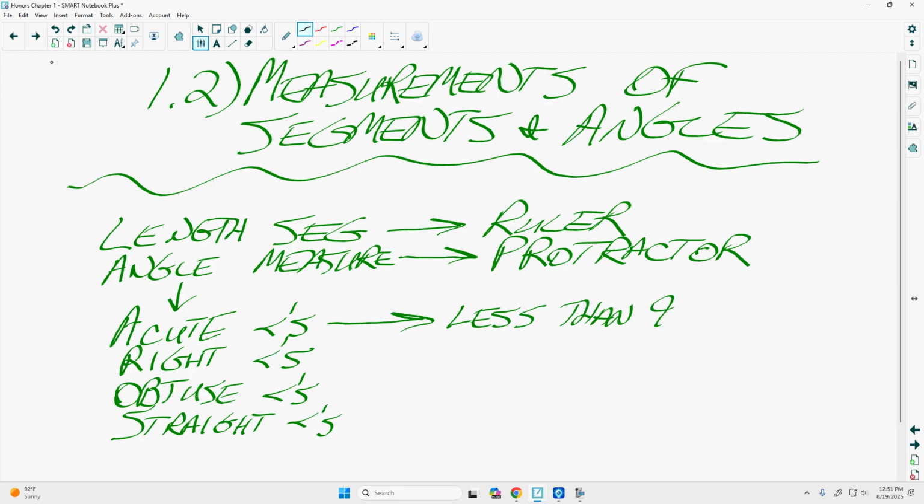Obviously, it's trapped between 0 and 90, right? It can't be 0 either. A right angle is just equal to 90 degrees. An obtuse angle is between, how should I say that? I was going to say from 90 to 180, but not including 90 or 180.